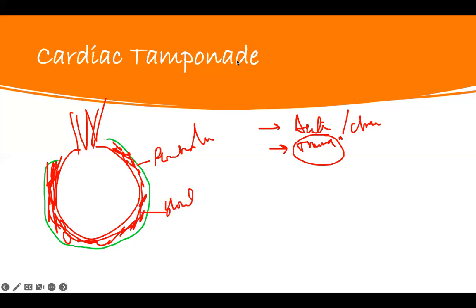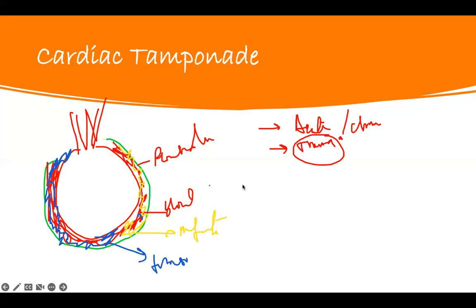Or it can be just regular old infection that has built up. Or it can just be cancer cells that are making fluid. So three things, all the things we said can give you effusion. Now this is tumor.